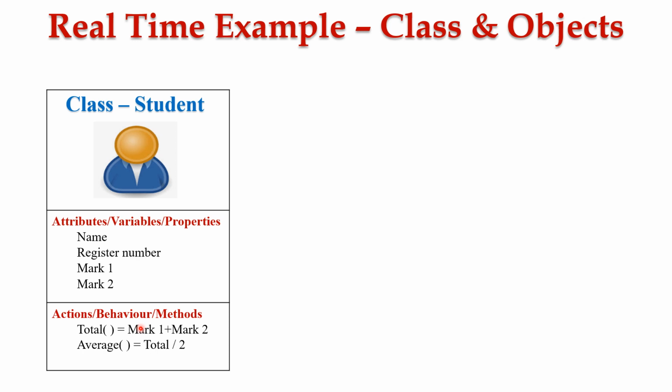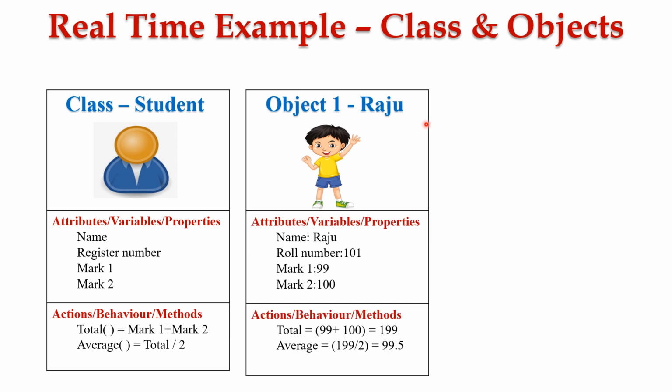Now let's create an instance for the class student. The first instance, that is object 1, is named Raju. Raju has his own attributes as follows. Raju holds the name Raju. He is object 1. His roll number is 101. Mark 1 is 99.